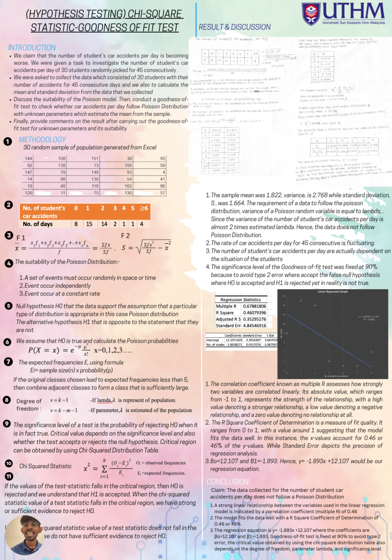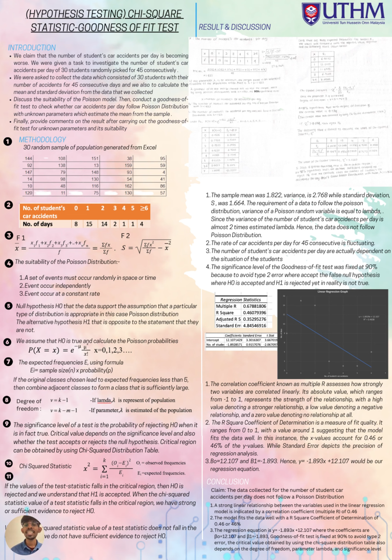However, the higher the significance level, the more tolerant of a type 1 error, and we are more likely to reject the null hypothesis by mistake. But nothing to worry about, because not all cases of type 1 error will exist, since in our case it doesn't follow the Poisson distribution, from the observation we have proven just now.